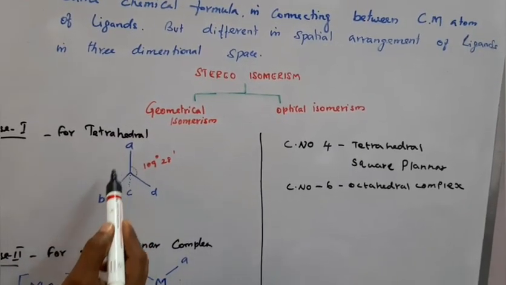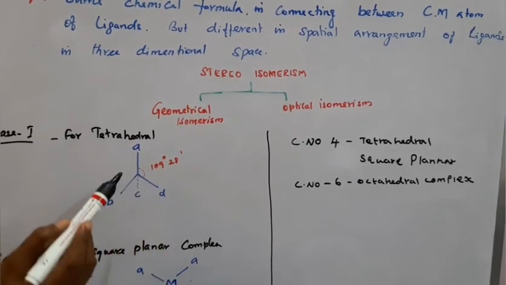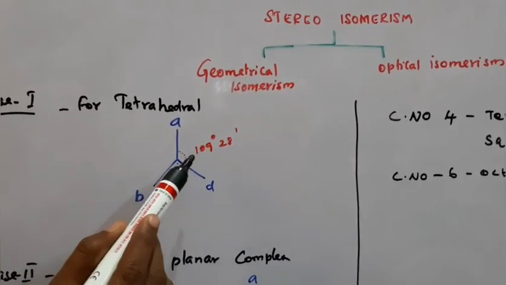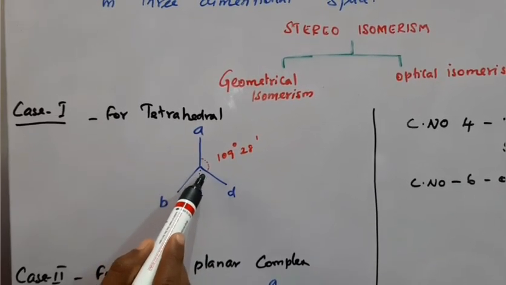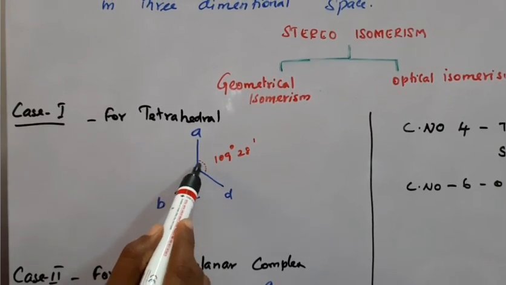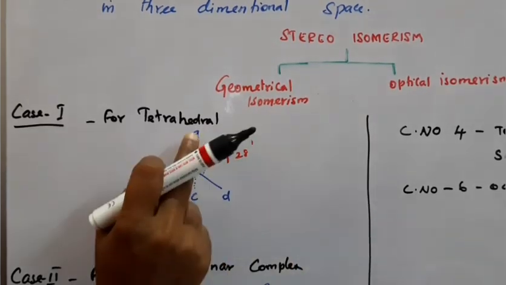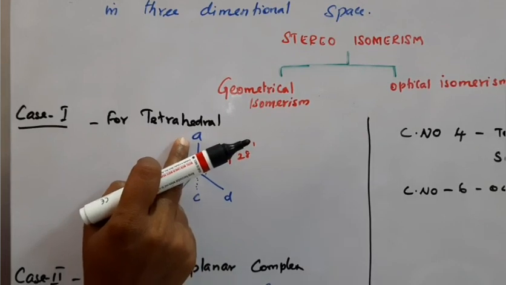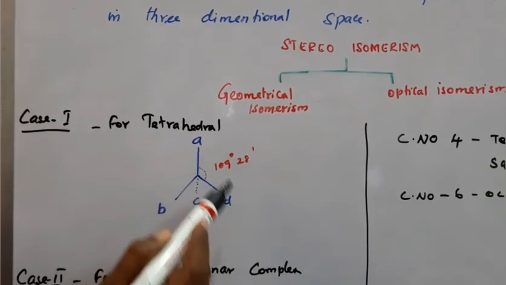Consider this a tetrahedral complex: A, B, this is back of the plane, C and D. Here the bond angle between A and D is 109 degrees 28 minutes. Also the bond angles between C and D, B and C, and A and so on. All the bond angles are the same. Suppose we flip and rotate this. This D goes there, A comes here, and we cannot see any spatial difference.